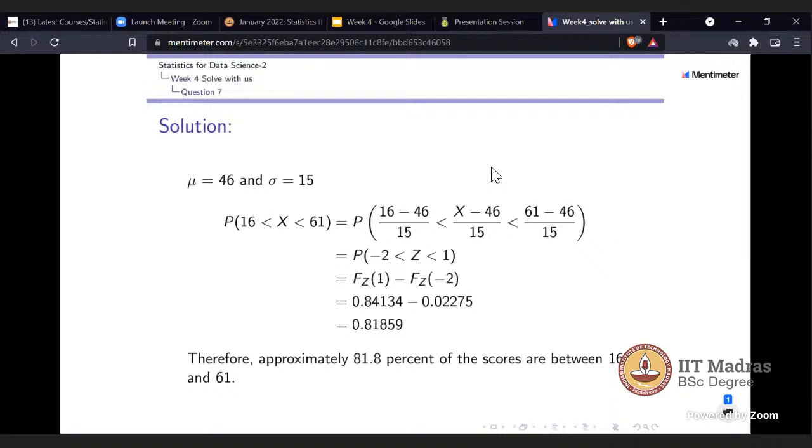Once you solve it, you will get the probability Z lies between -2 to 1. From there, you can directly write FZ of 1 minus FZ of -2. This negative value, 16 minus 46, is negative. Z is taking a negative value, but the probability is not negative, right?